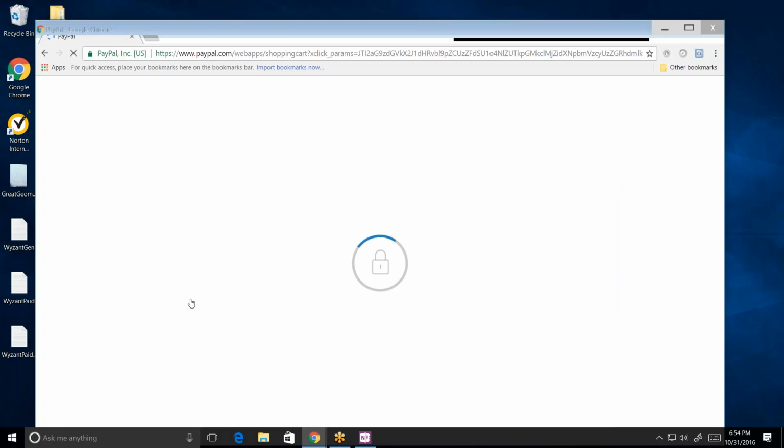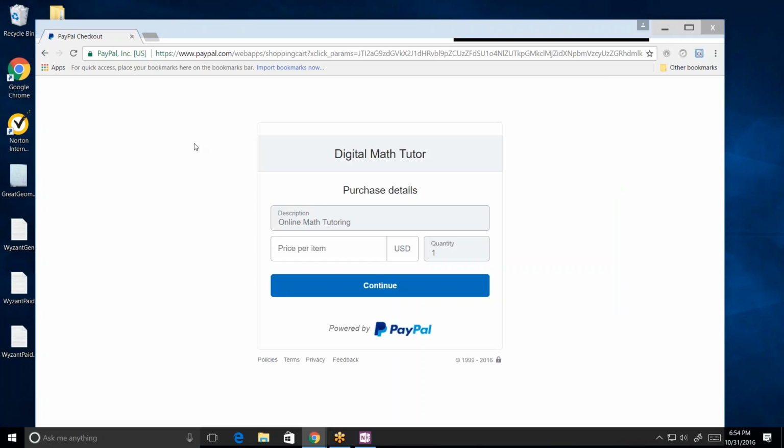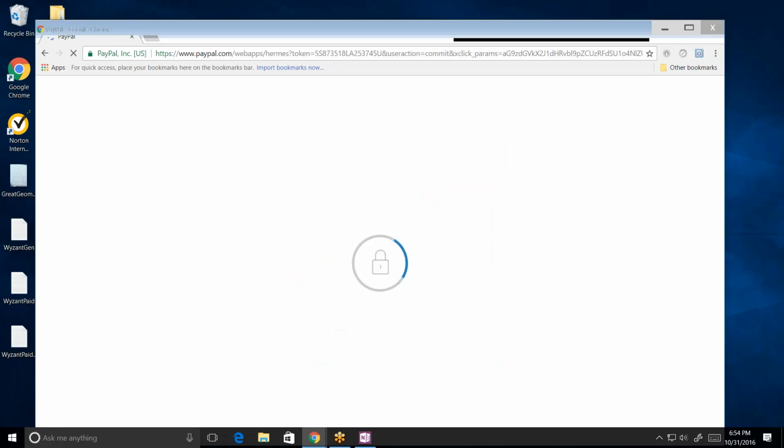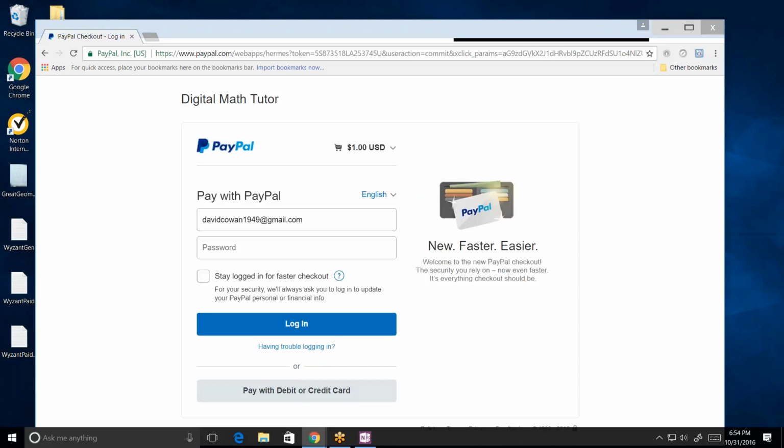When you hit the Buy Now button, it's going to pop up a screen where you put the amount in, price per item, and I'm just going to put in $1 to demonstrate. Then it pops open, and only you see this next page, which is the login information for PayPal. With the login information in, now it pays it automatically. That's all you have to do: put your password in, log in, boom, you're done.